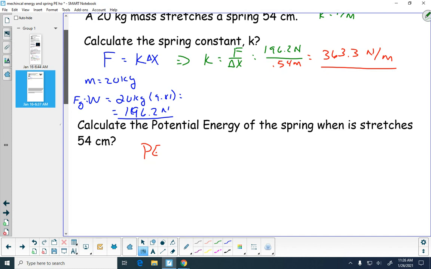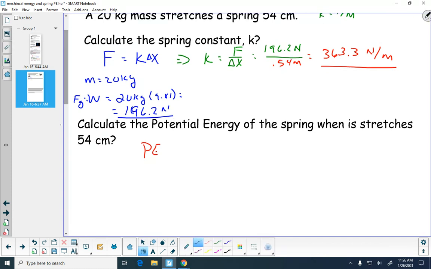That potential energy is also sometimes called stored energy. It's stored in the spring, it's stored up energy. I had to do work. The work that I did has now been stored up in that spring.